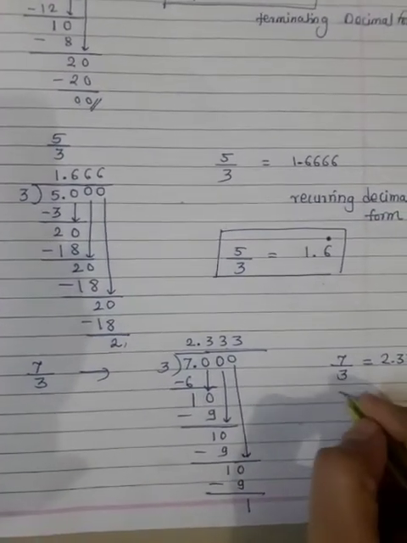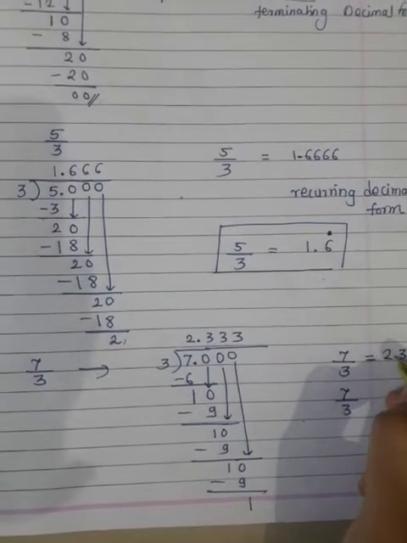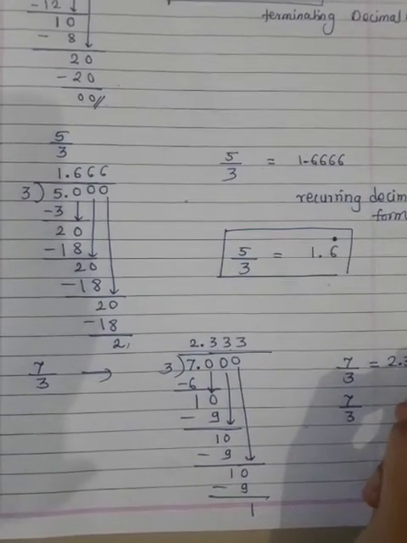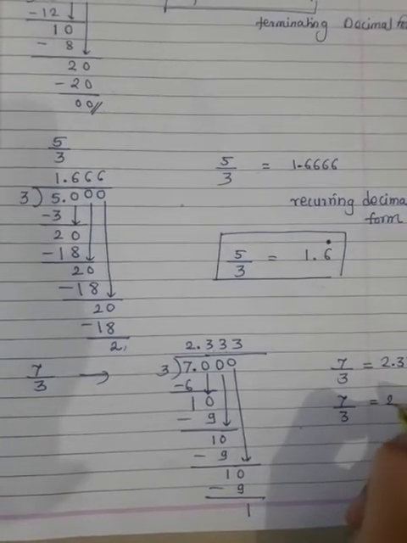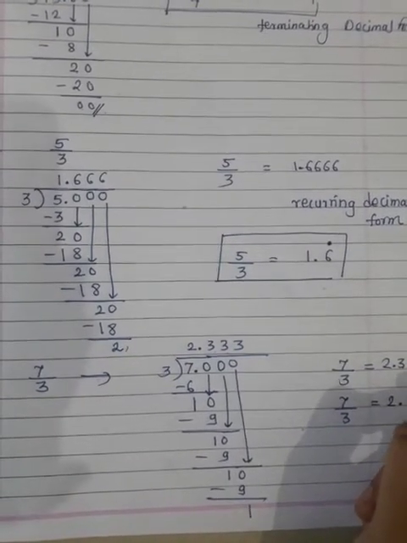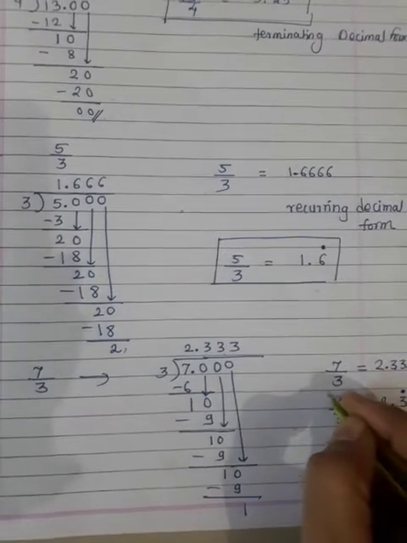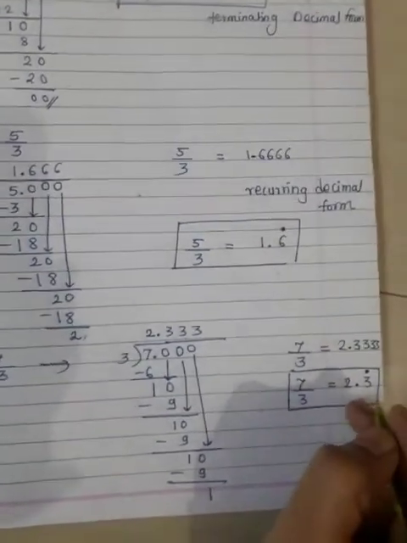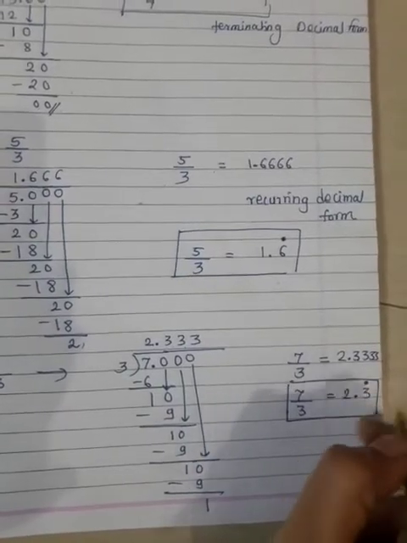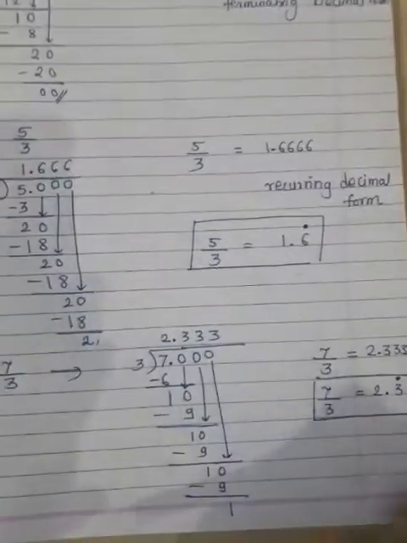After the decimal point, the single digit 3 is repeated, so you can write this as 2.3 and put a dot on the number 3. In short you can write this. So this decimal form is called recurring decimal form.